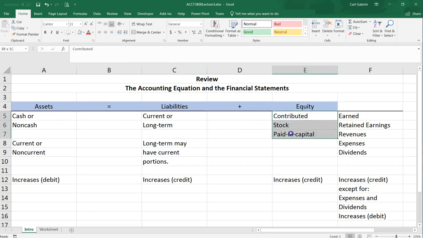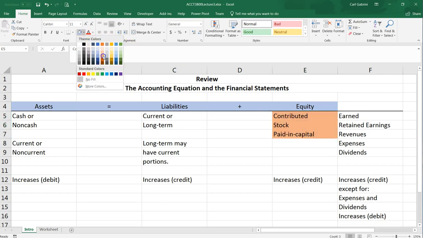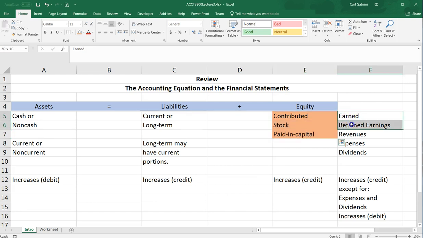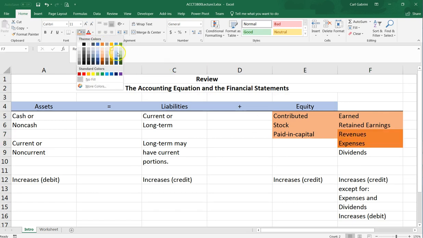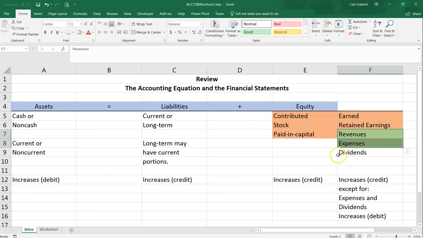If we look at contributed capital and earned capital, this right here is like our statement of stockholders' equity. Revenues and expenses, this is the income statement. And so all of the financial statements are represented in the accounting equation.